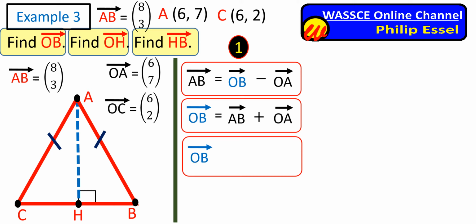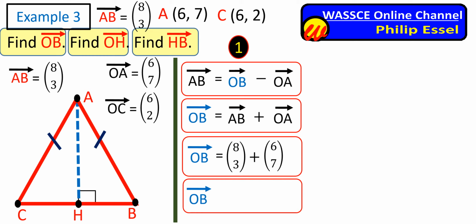Our position vector OB will be equal to the vector AB, which is 8, 3, plus our position vector OA, which is 6, 7.